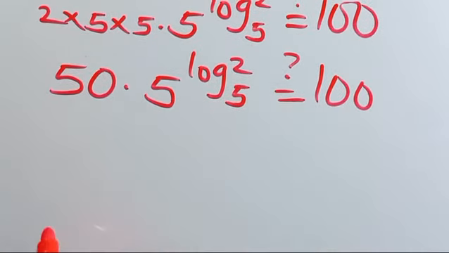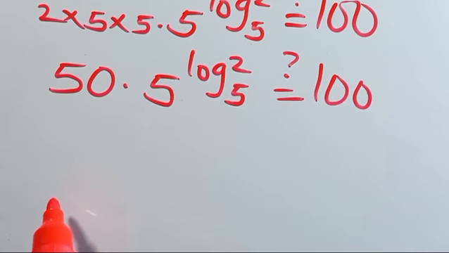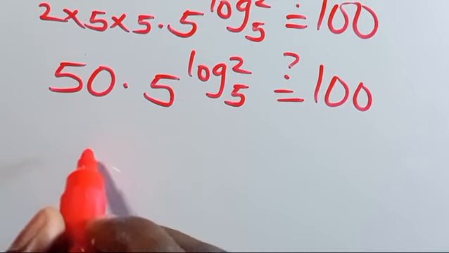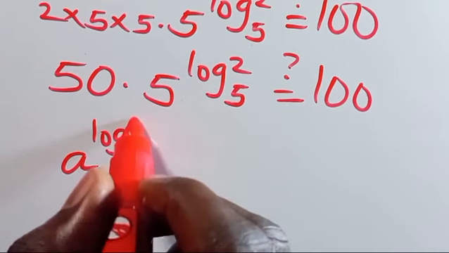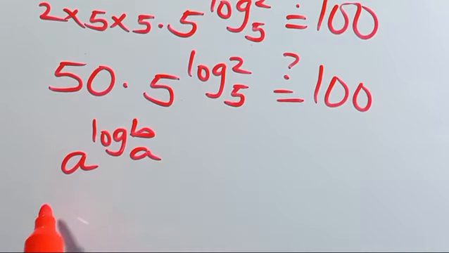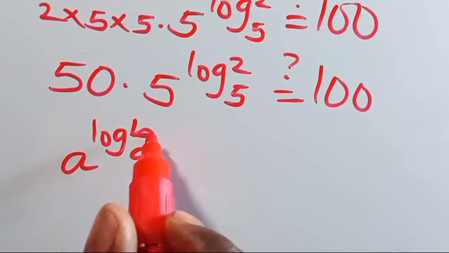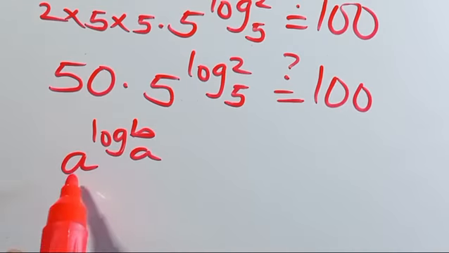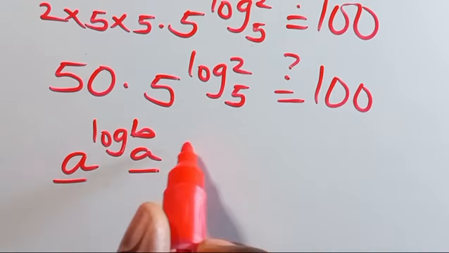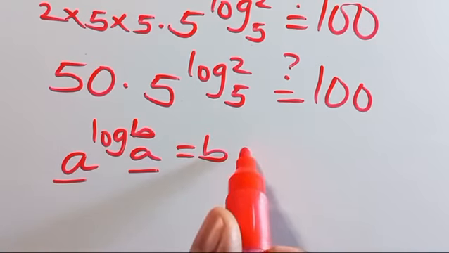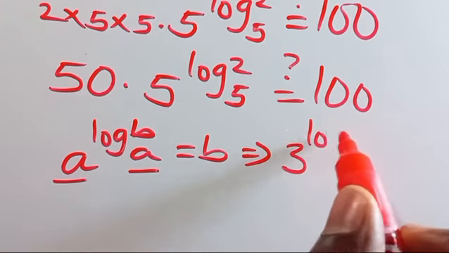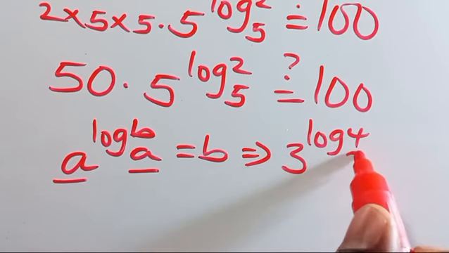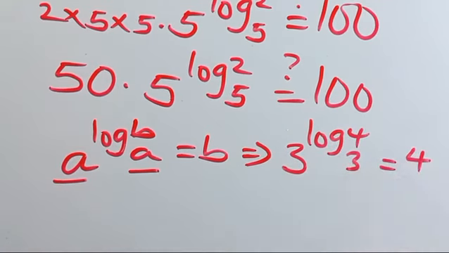But recall the relationship between exponents and log. When we have a to the power of log b in base a, the log is an exponent, and so far they have the same base as this, the output of this expression will be equal to b. And this implies when we have 3 to the power of log 4 in base 3, the output of this will be 4.